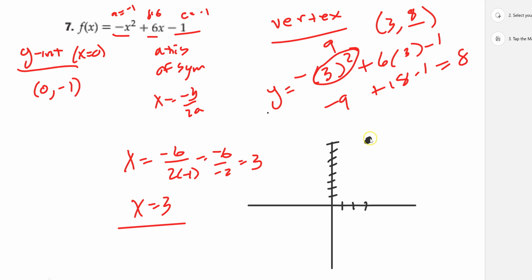Right there. The axis of symmetry is 3, so I'm going to draw a little dotted line right here. Always the x of the vertex. And then my y-intercept is (0, -1). So it's like this. If I graph it, it's going to be opening down. That should be more curved. Oh, that's an ugly graph. But anyway, it opens down.